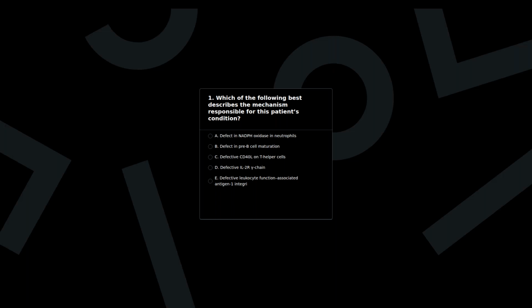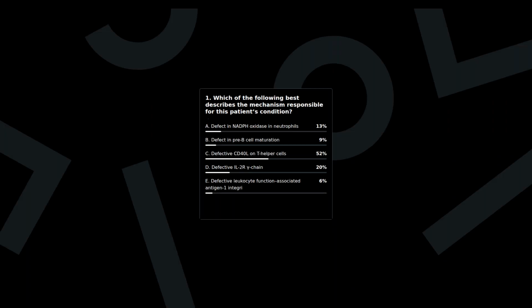Okay, so let's go ahead and close the poll and share the results. About half of you went with answer choice C, defective CD40L on T helper cells, with answer choice D pulling in about 1 out of 5.